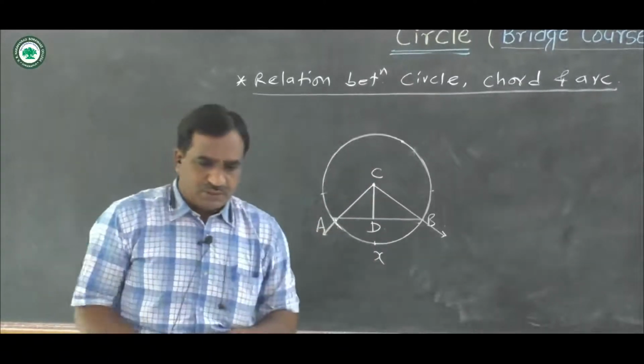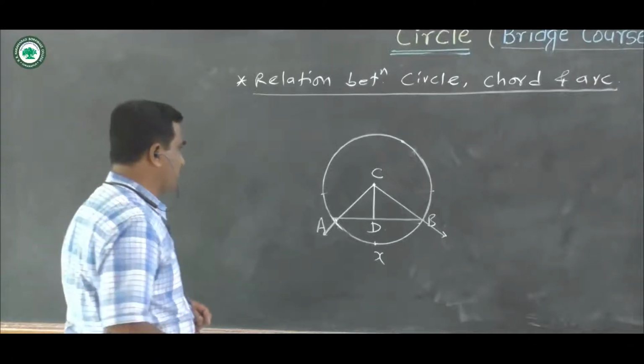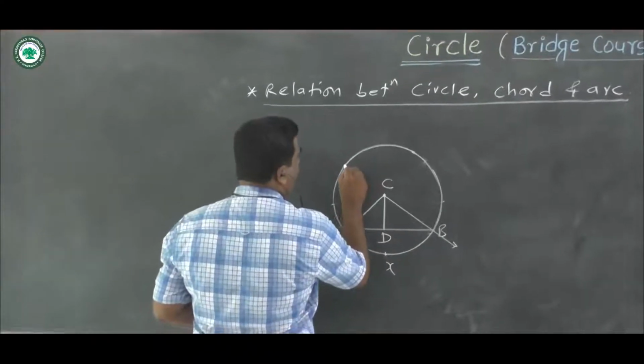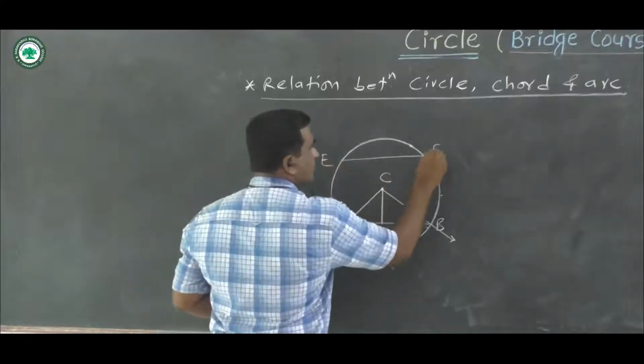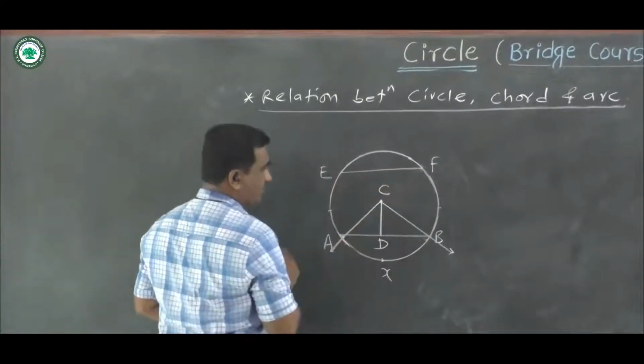Now the arcs corresponding to congruent chords. This is the chord AB, and we can draw here also chord EF. This chord AB is congruent to chord EF.